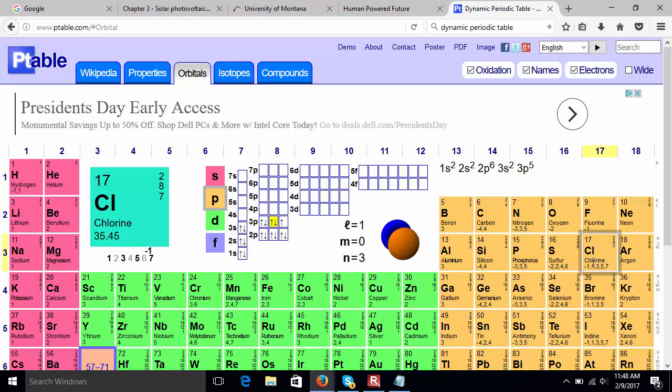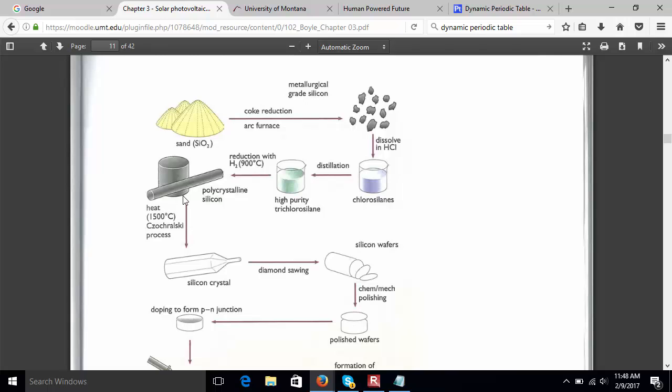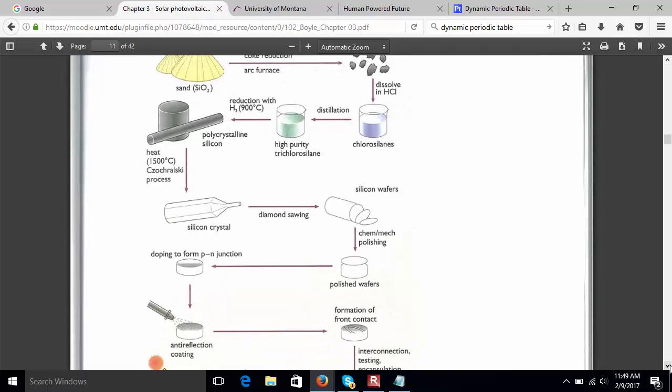HCl, party time. And then you're left with that almost pure crystal silicon. So then it's grown into this crystal, which I would love to see someday. I'm sure there's plenty of cool YouTube videos on there.